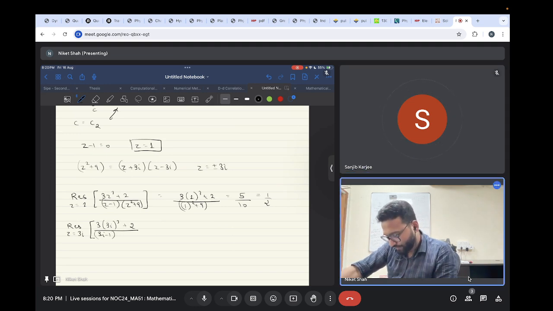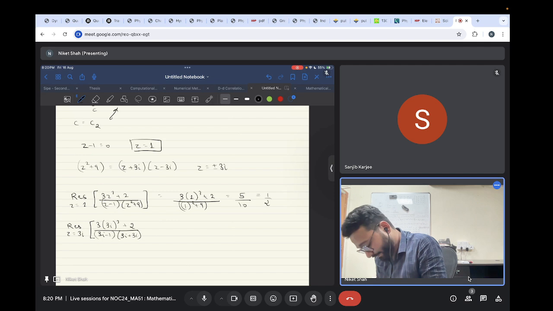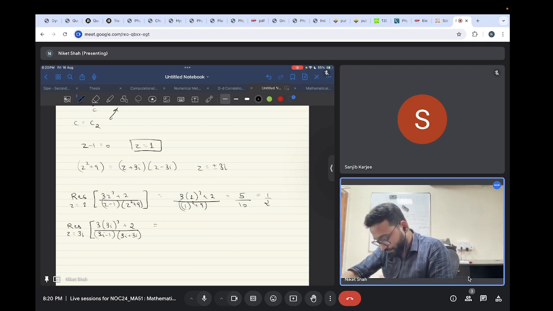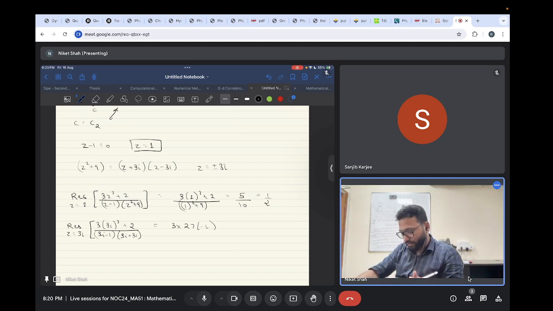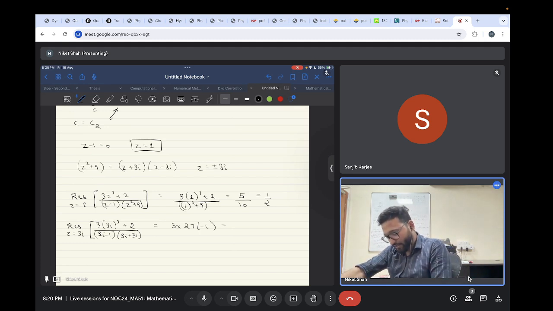Yeah, I'll have z minus 3i will go away and I'll only have z plus 3i. So 3i plus 3i. So this is equal to 3 into 27 into minus i. i cubed is minus i. So 3 into 27 into minus i plus 2 divided by (3i minus 1) into 6i.